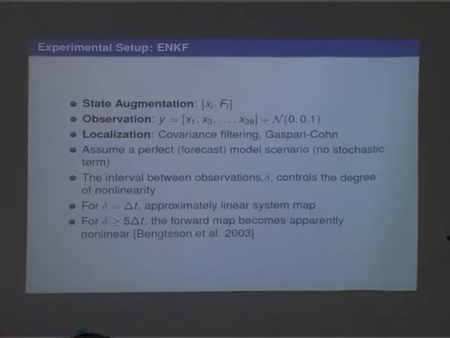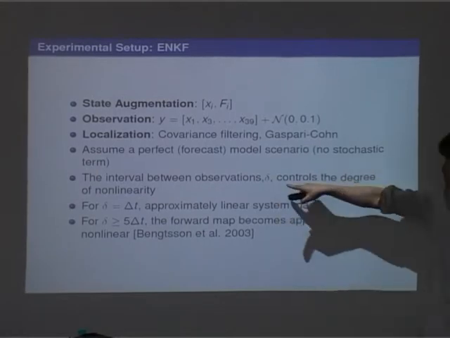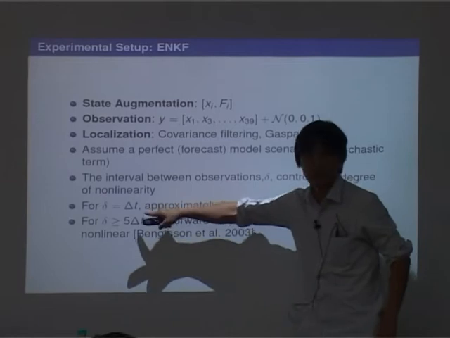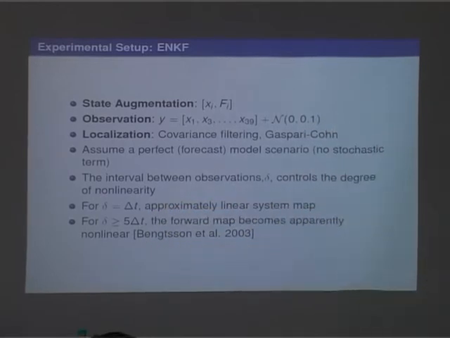So in this case, I assume that I have a perfect forecast model scenario, so no stochastic term. And the interval between these observations, which I denote here by delta, is the parameter that controls the degree of nonlinearity. So if delta is just delta t, which is just the computational time step, the flow map will be an approximately linear system.